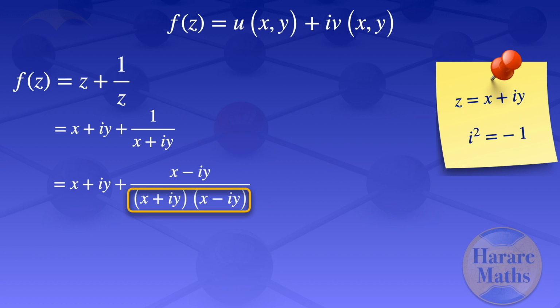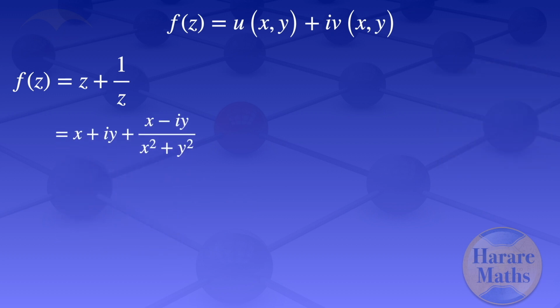So that part simplifies to y squared, because the minus is multiplied by the minus when you square the i. So it will be plus y squared. So we get (x + iy)(x - iy) divided by x squared plus y squared. That is what we have now.